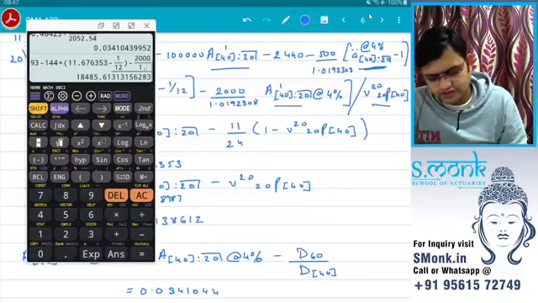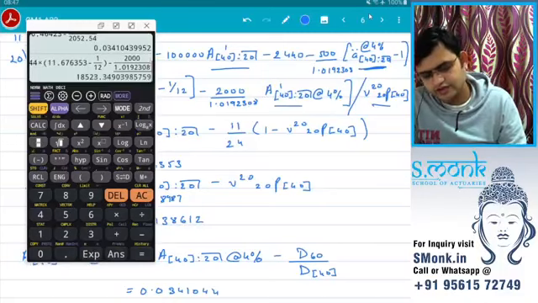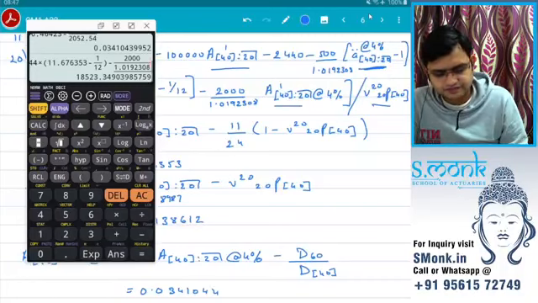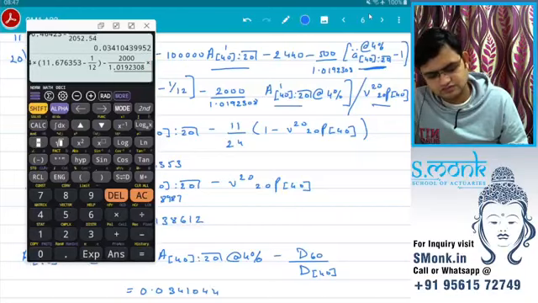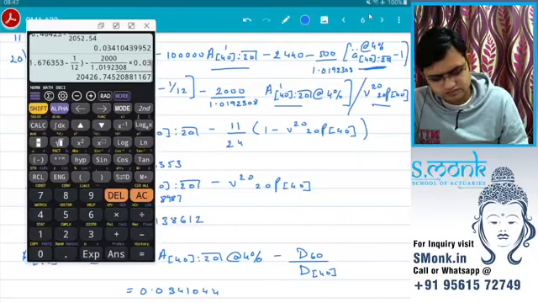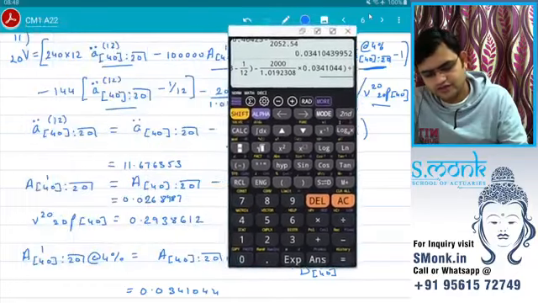Sometimes very lengthy equations are not possible for us to type into a physical calculator. At that time, you just have to calculate all of this in parts. And then divide by v raised to 20, 20p 40.